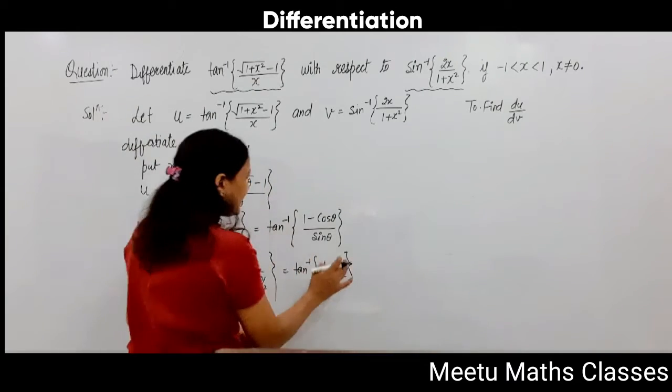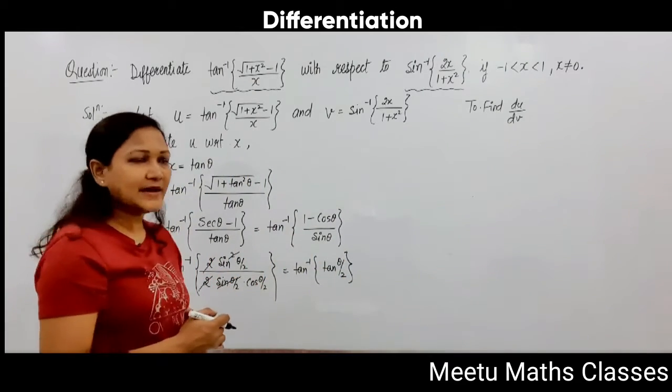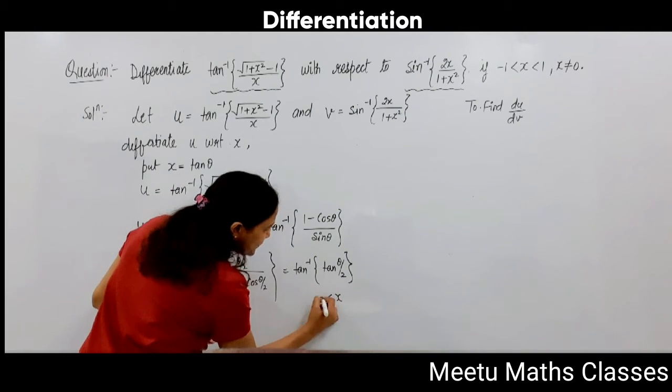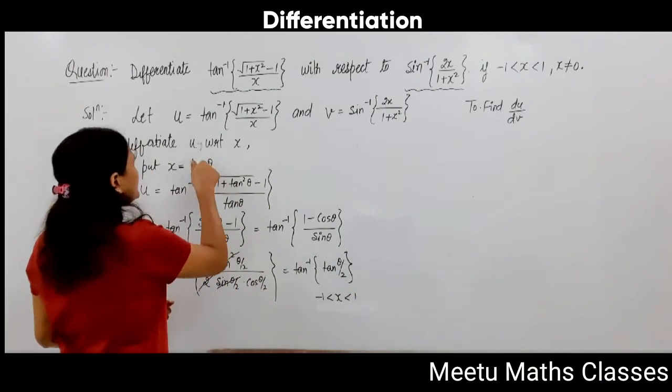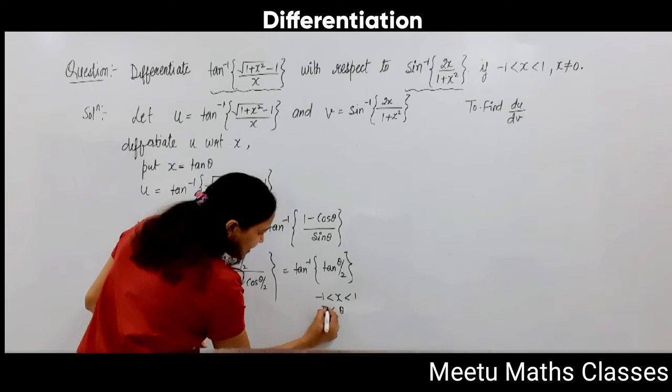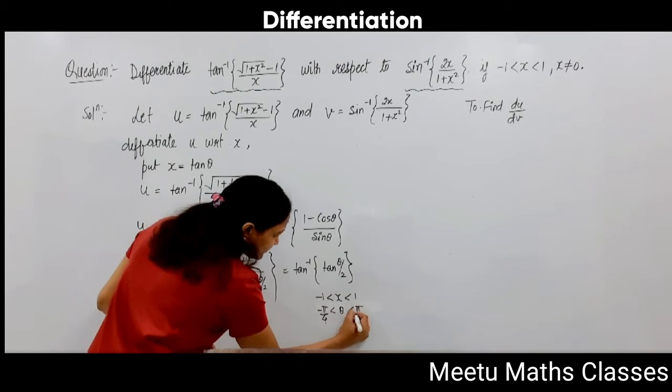if and only if theta by 2 lies between minus pi by 2 to pi by 2. So we are going to check first. x is lying between minus 1 to 1, so tan theta is lying between minus 1 to 1, so theta is lying between minus pi by 4 to pi by 4.